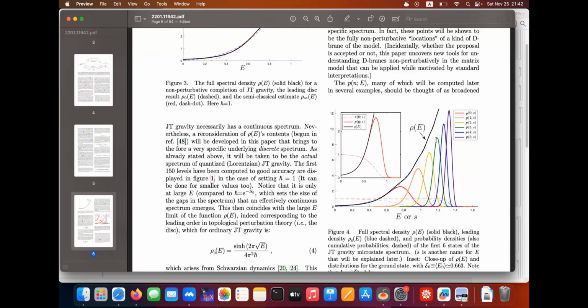What we consider is an ensemble of quantum systems, so you will not see a discrete spectrum.